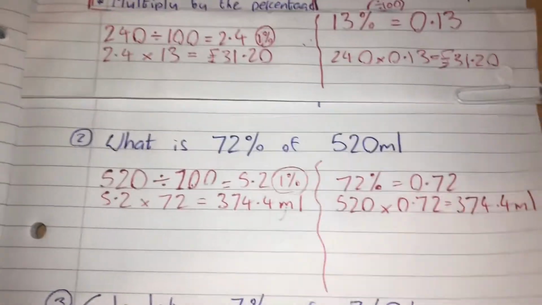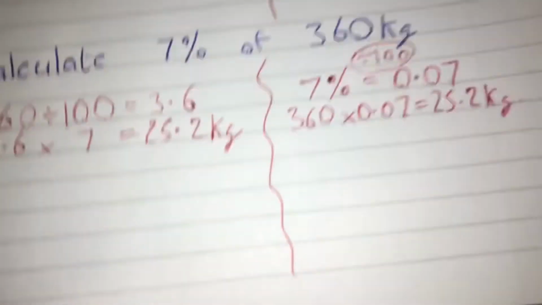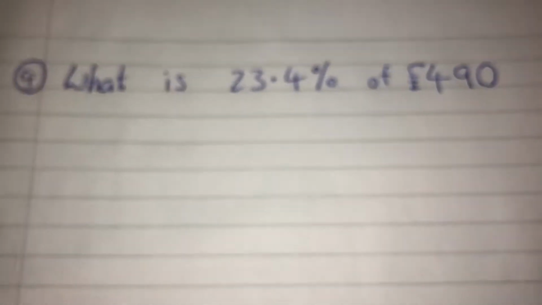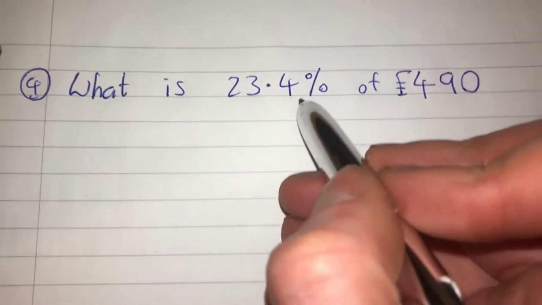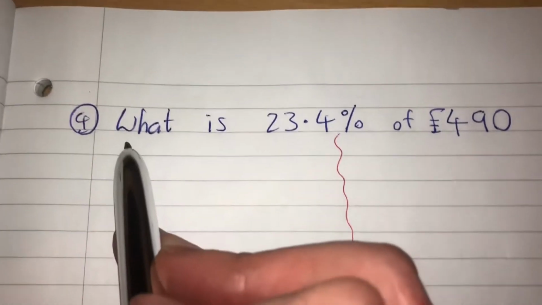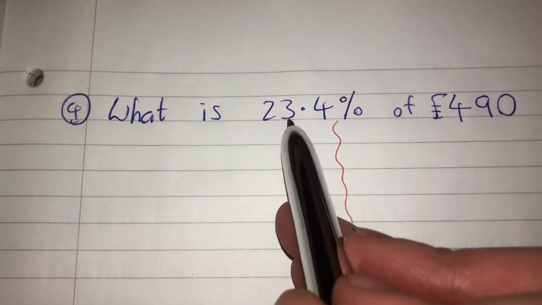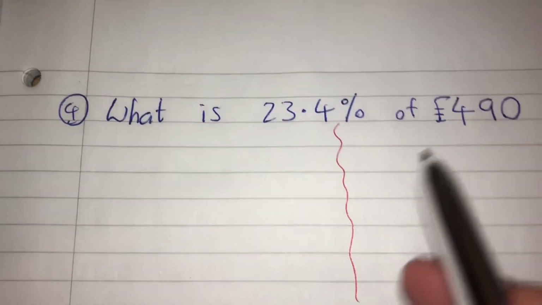All right, one last example just to show you, and it's just again to help you, particularly with our questions involving the decimal multiplier. We have a bit more of an awkward percentage, 23.4% of 490.